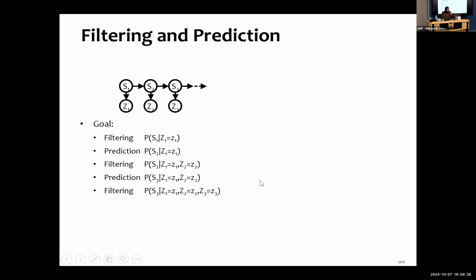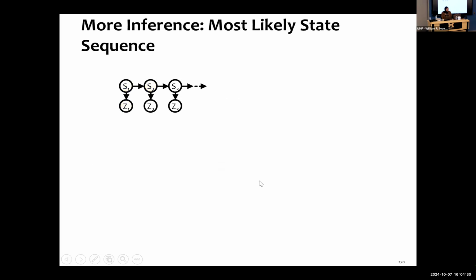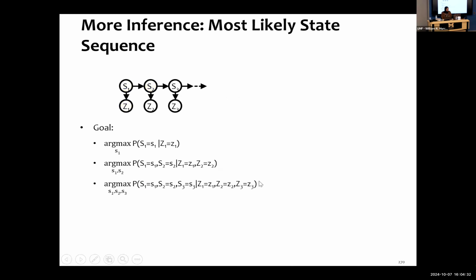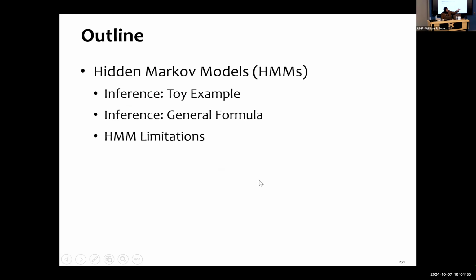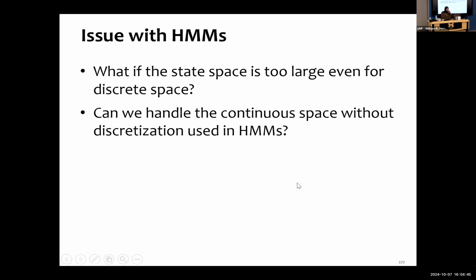Now, if we loop and keep looping, hidden Markov models are useful to illustrate things related to reality, but not the whole reality, because they have limitations.